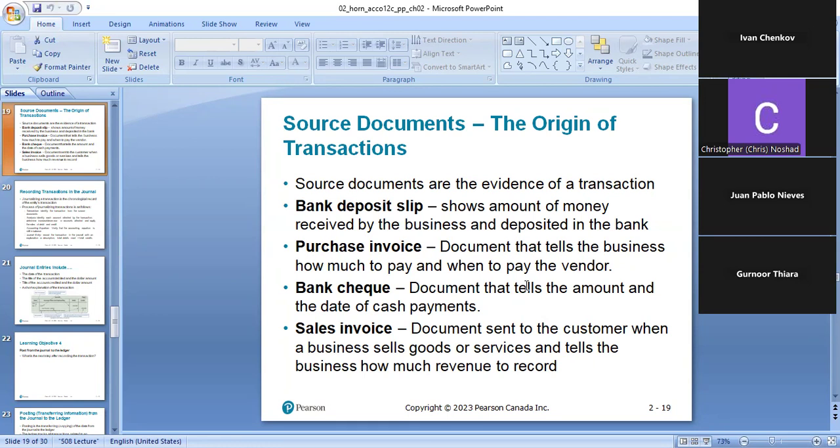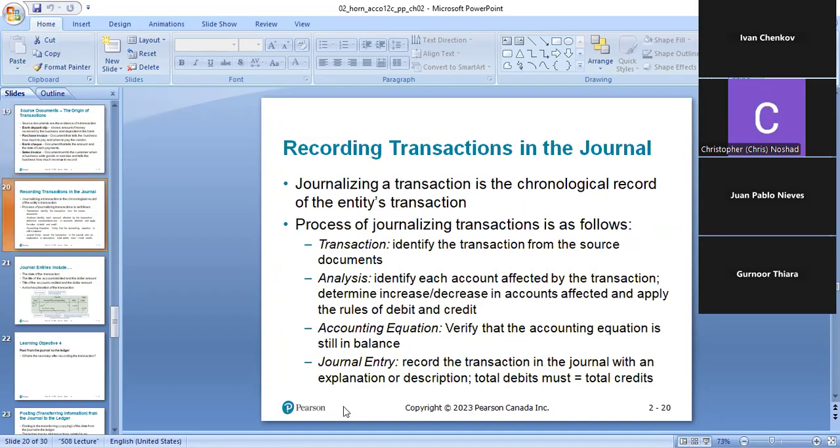So you can say 10 hours times $180 per hour, $1,800 plus the GST or related sales and other taxes, and you come up with the total amount. So those are the source documents.